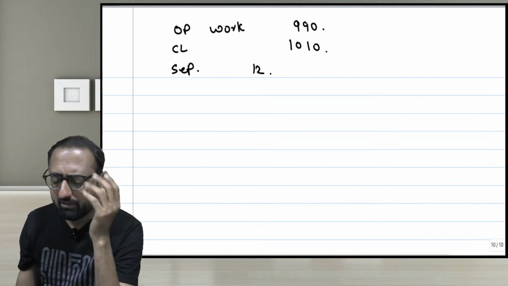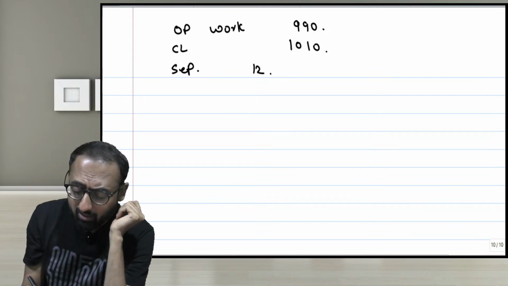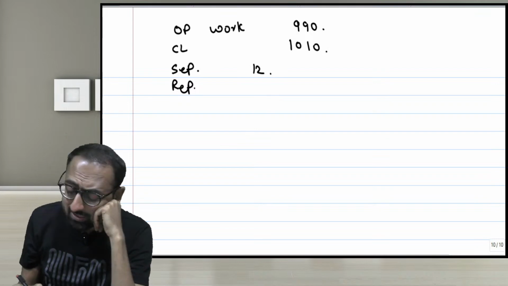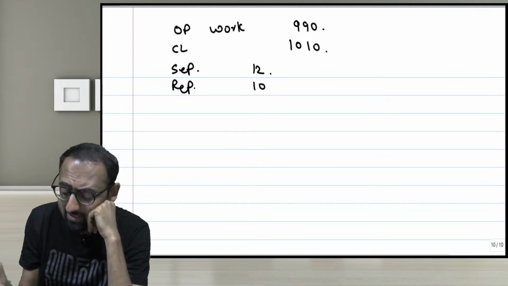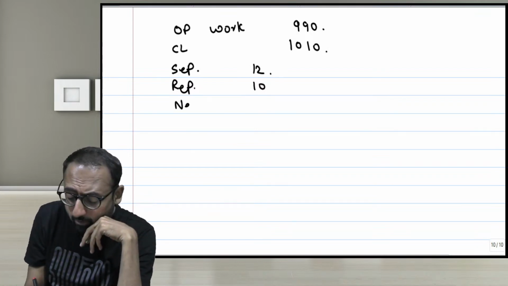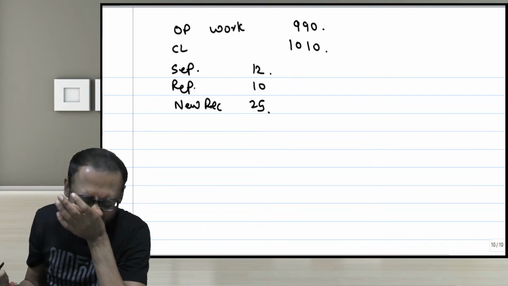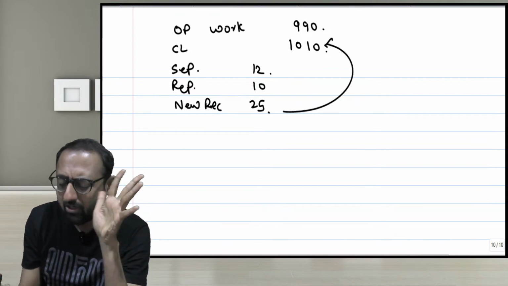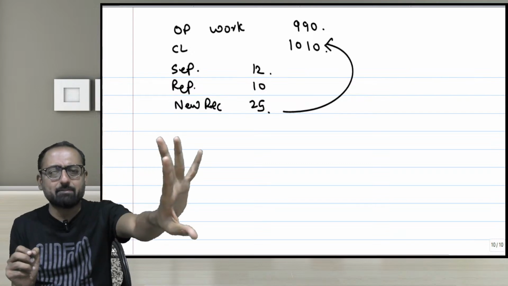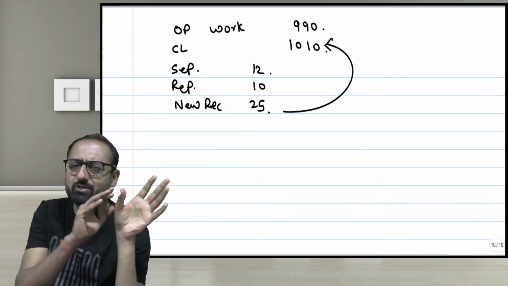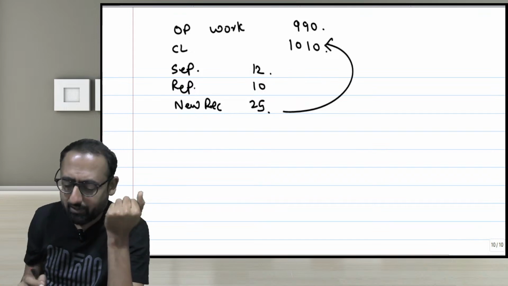Suppose 10 workers are replaced, plus 25 workers are new recruitment for expansion. I know that closing stock will not match. I'm just taking one example, only for simplicity, the basic question which can be asked in an MCQ as well.